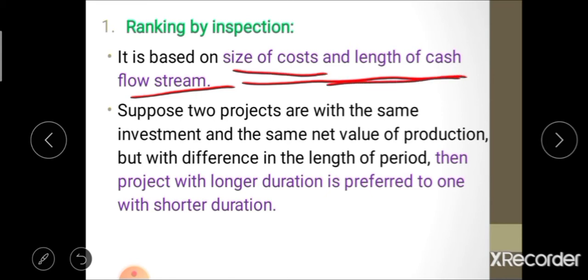That means suppose there are 2 projects having the same initial investment and the same net value of production, but with a difference in length of period. Then the project with longer duration is preferred over that of a shorter duration. That means in ranking by inspection, the project having longer duration will be selected for further implementation. This is the first method, that is ranking by inspection.